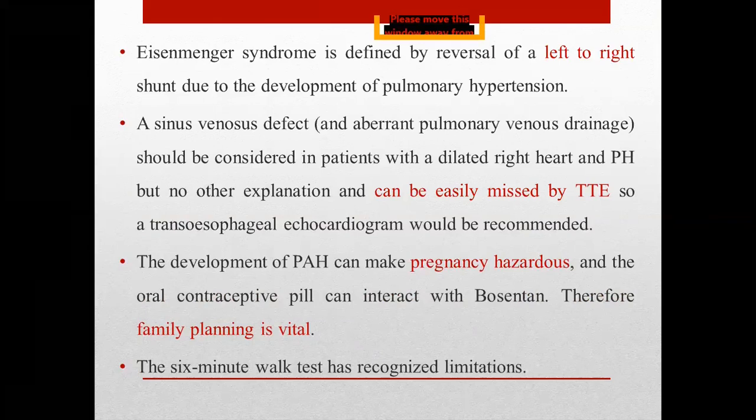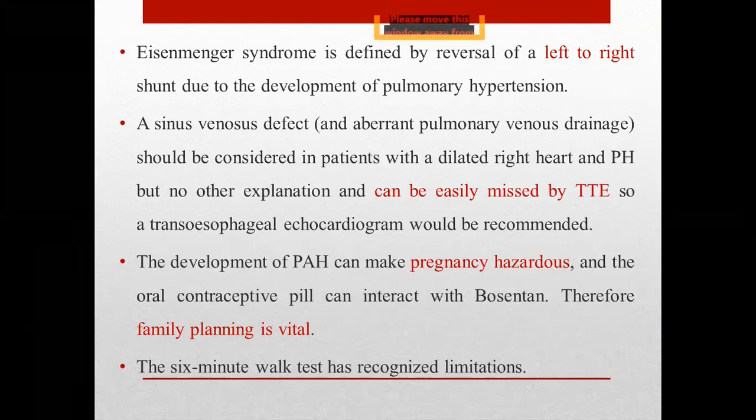Okay, a sinus venosus defect should be considered in patients with dilated right side of the heart and pulmonary hypertension, and it can be easily missed by transthoracic echo. So in these cases, if you have by transthoracic echo dilated right side in a patient with pulmonary hypertension, you have to do a transesophageal echo to exclude sinus venosus ASD, which can be easily missed by transthoracic echo.